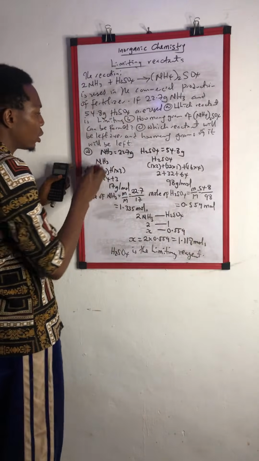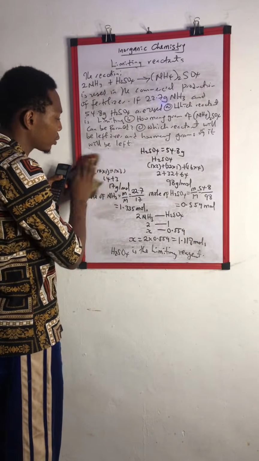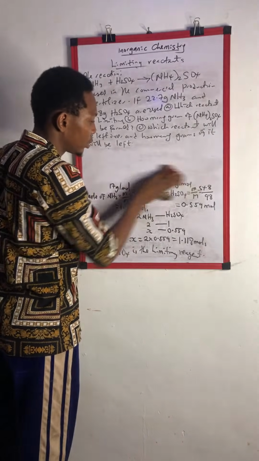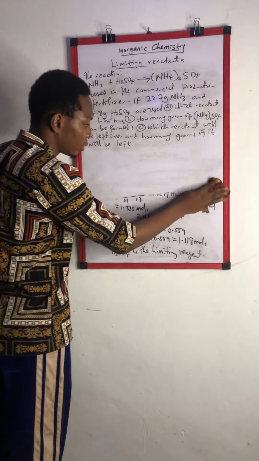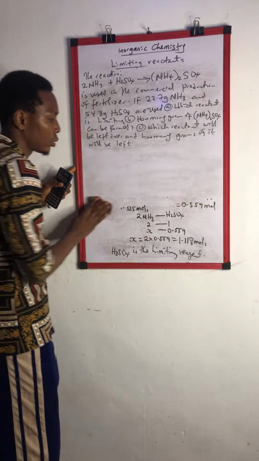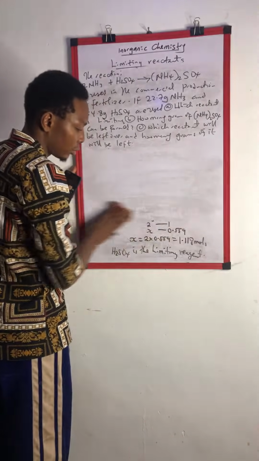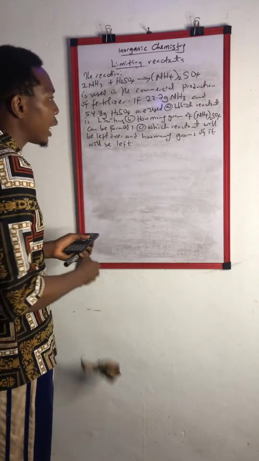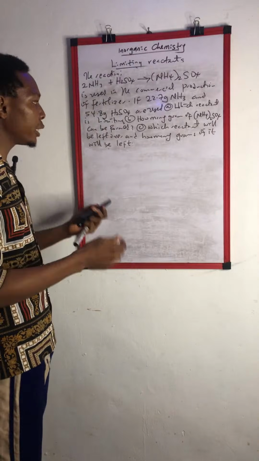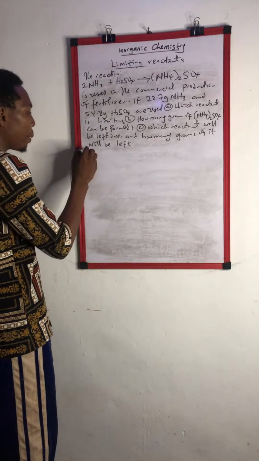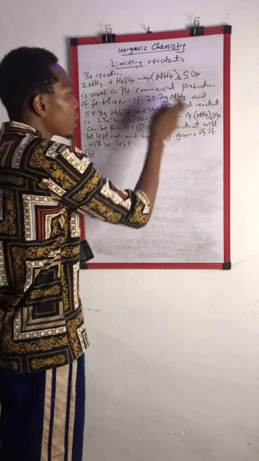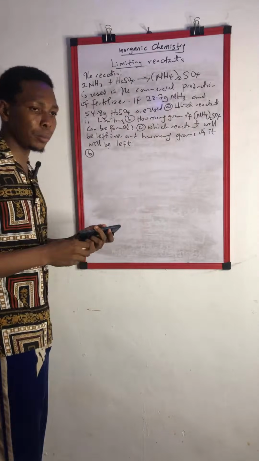Alright, so let's move to the next phase. Now that we know that our H2SO4 is the limiting, for part B we are now asked, how many grams of this can be formed?